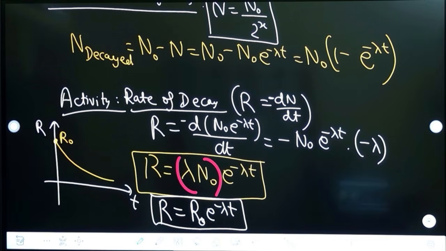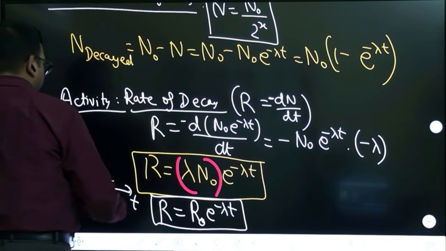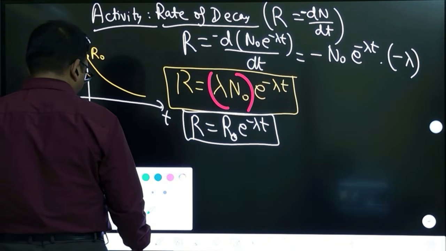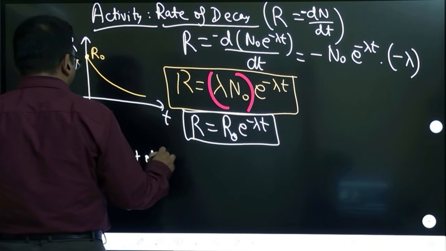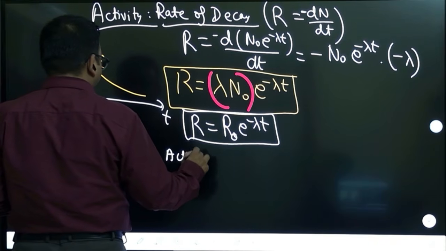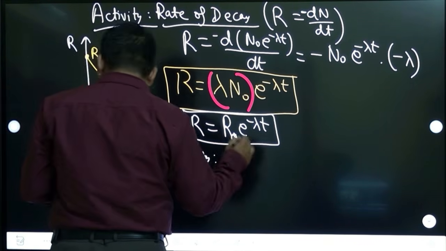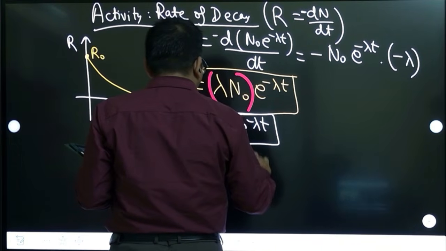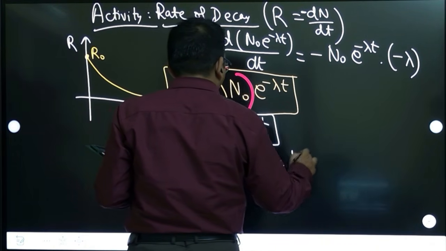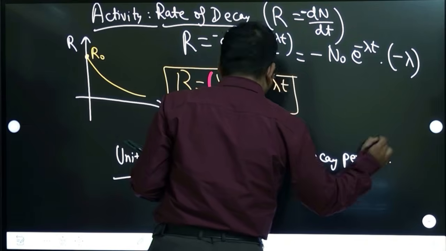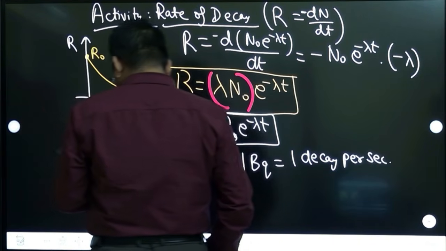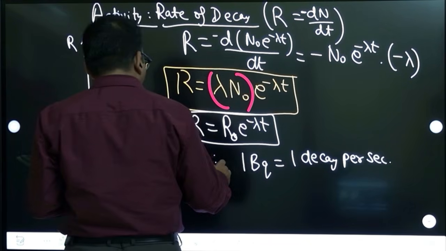Okay, so now the important thing is the unit. Sometimes they may ask the unit of activity, so let us note. The unit of activity: 1 becquerel is 1 decay per second, and this is the SI unit.